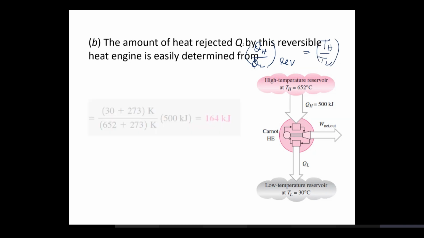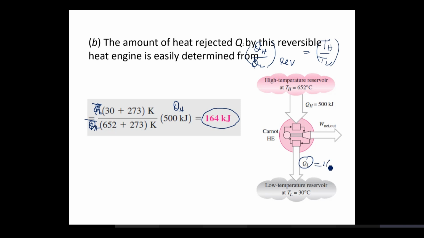You just have to plug in the values. TL over TH multiplied by QH would essentially give you the heat that is rejected in the form of QL, 164 kilojoules. All right.